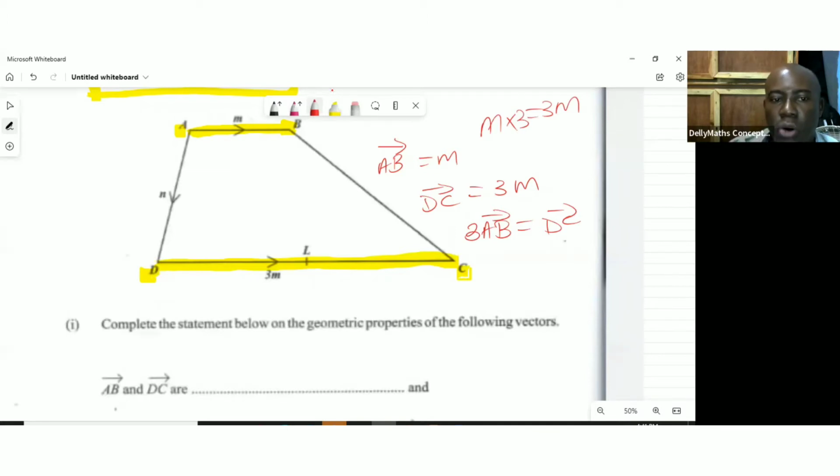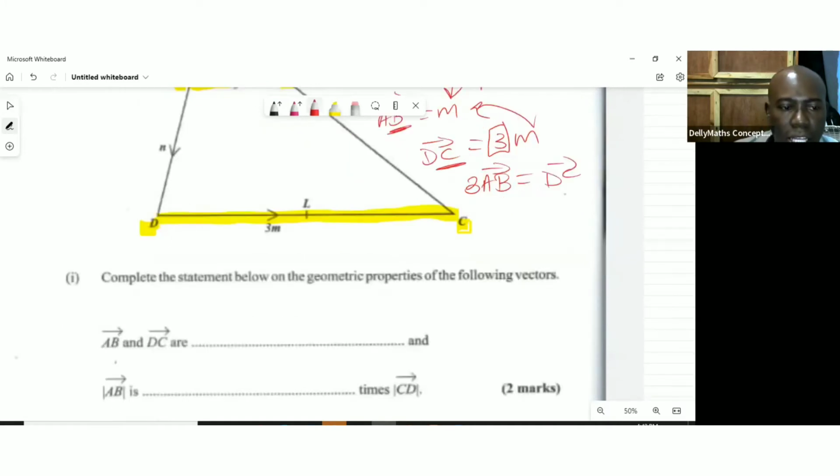The fact that we can do that means they are parallel. So AB and DC are parallel vectors.